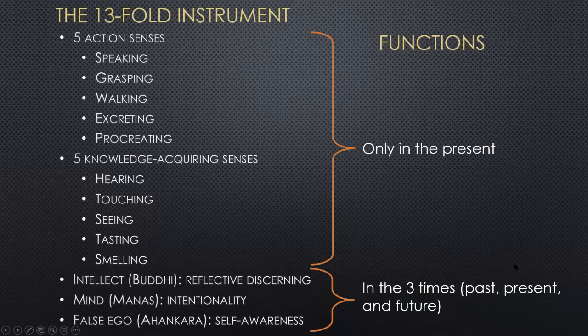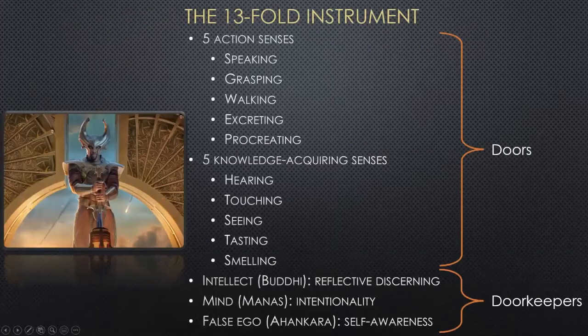There's also a very suggestive terminology in the Sankhya philosophy, which says that these five action senses and five knowledge acquiring senses are doors, while the intellect, mind, and false ego are the doorkeepers.